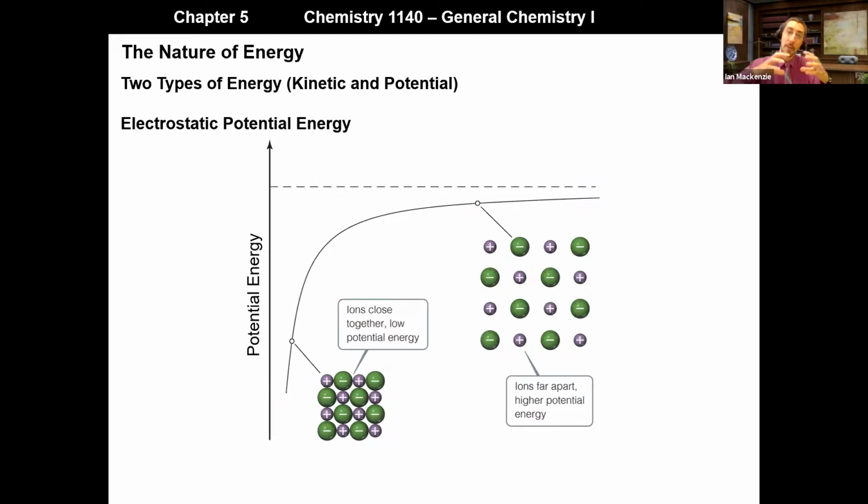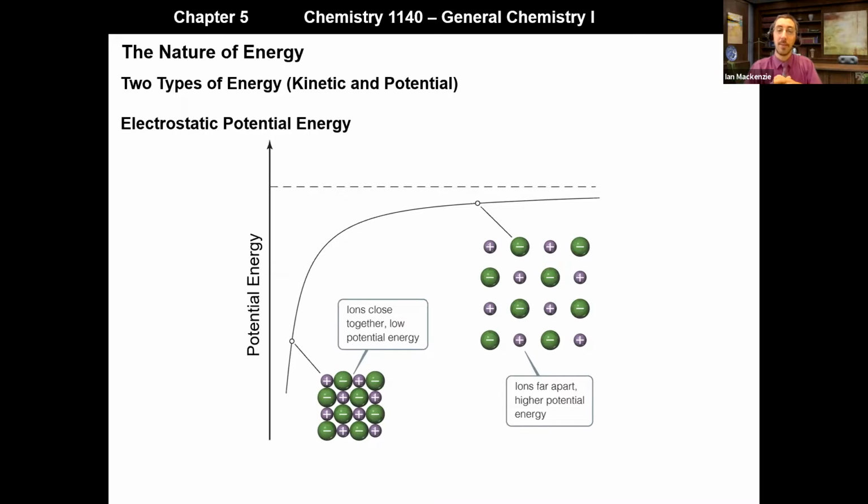And as we bring them together to form the actual compound, to form a chemical bond, an ionic bond between the different ions, then my potential energy decreases in this system. And so having the ions together in a compound is lower in energy than having them separate from each other.